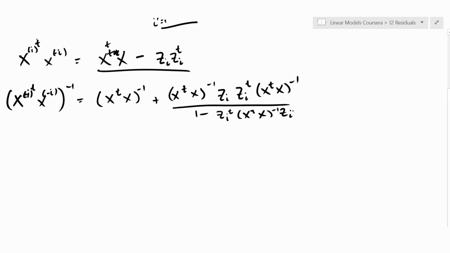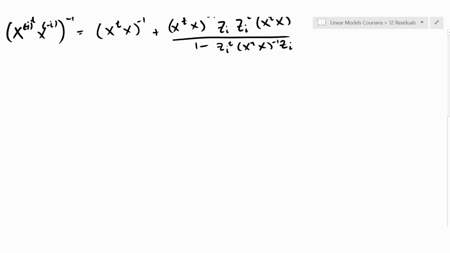This denominator here is a scalar. Now another nifty little fact: if I were to take the hat matrix H of X, which is X (X transpose X) inverse X transpose, and I just wanted to grab the ith diagonal, one way would be to post-multiply it by a vector delta i, which is n by 1 and is a bunch of zeros with a 1 in the ith position, and then pre-multiply it by delta i transpose, which is the same vector.